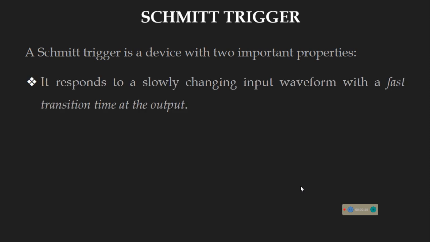The first one is, even though the input changes at a very low level, we get a drastic variation in the output. We already told, if the output is already at 0 level, when the threshold point meets, it automatically goes to the high level, that is 1.